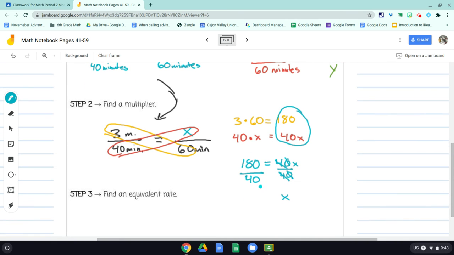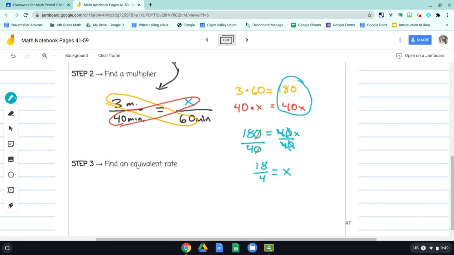And x equals 180 over 40, so I'm going to simplify this before I divide. So x equals 18 over 4. Now, this is not my final answer. This is an improper fraction, so I'm going to have to make this a mixed number or a whole number to get the answer. So 18 divided by 4.